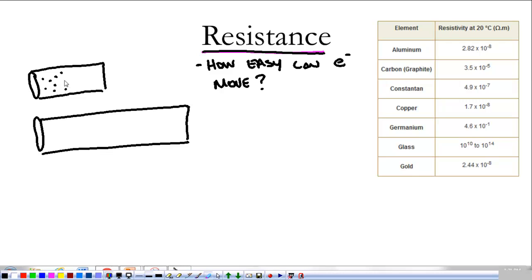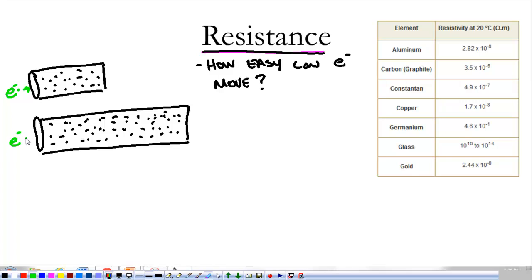And we're going to draw in the nucleuses of all the atoms in here. It's the same spread, but this long one has more stuff in the way. Now, multiple electrons move at once, but let's just say we're one electron and one electron. Which one of these wires is it going to be easier for the electron to move through? Now, this one's short and this one's long.